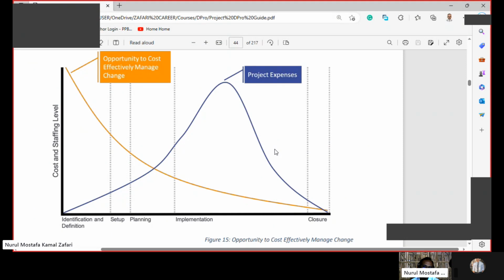Now, the vertical column is cost and staffing level. The horizontal column is the project phases, starting with identification. Now, you see, in the identification phase, we can bring changes, and the opportunity to cost-effectively manage change is higher.